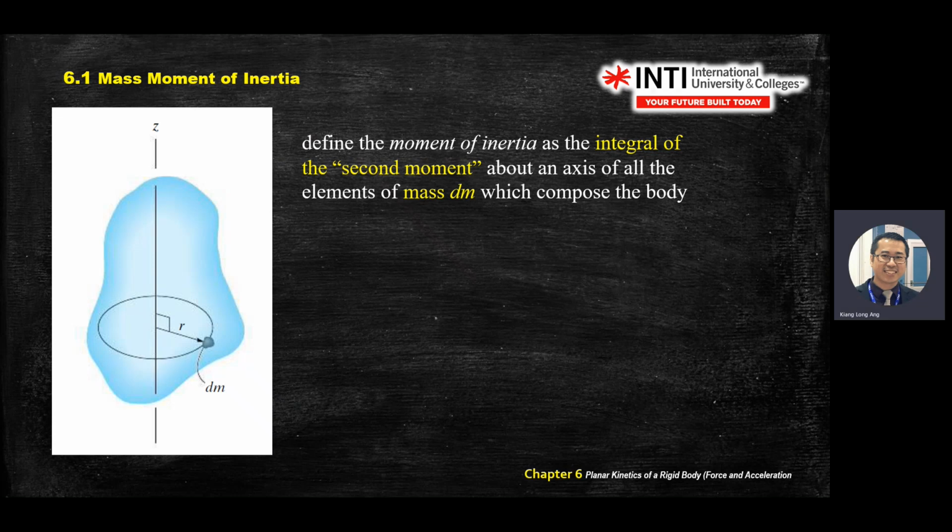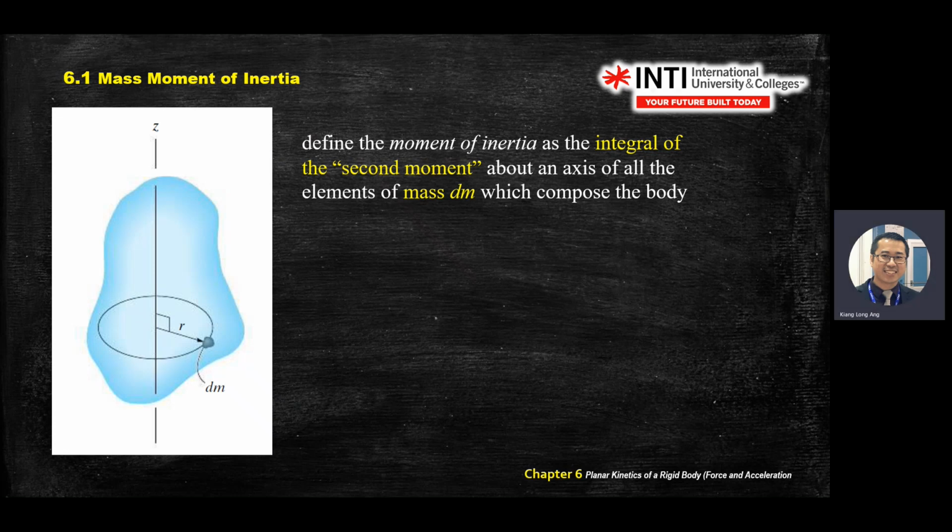So we now start to define the second moment of inertia. Again, what is moment? How to calculate moment? You take force multiplied by distance, and they must be perpendicular. When you see circular motion, you know that every time you need to split your acceleration into tangent and normal.